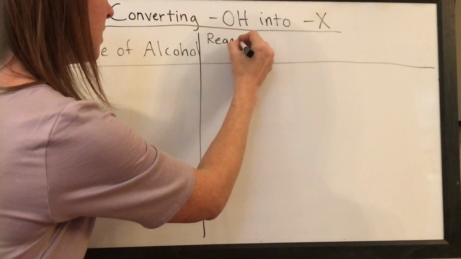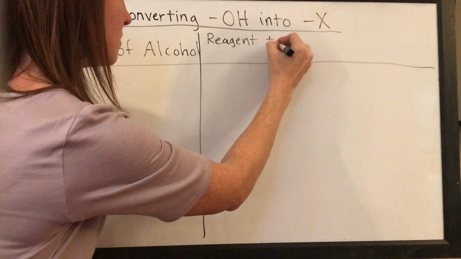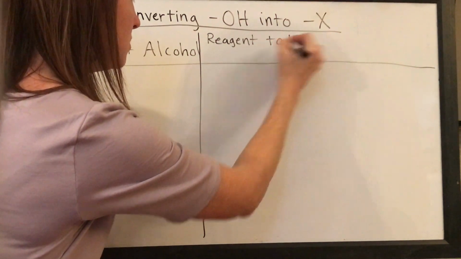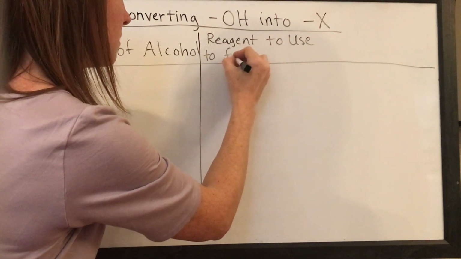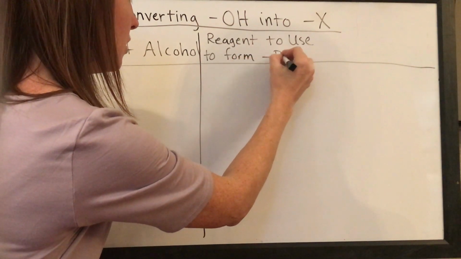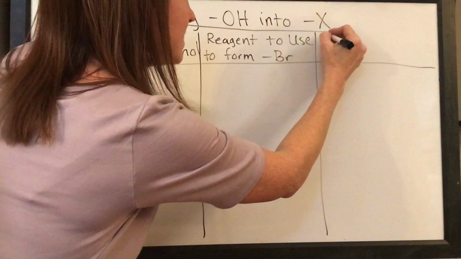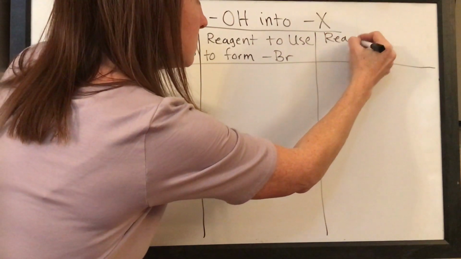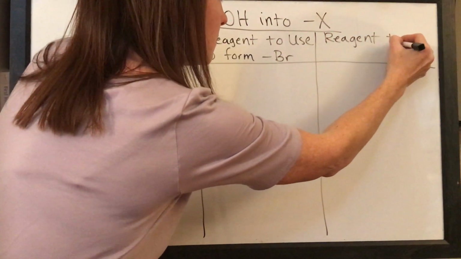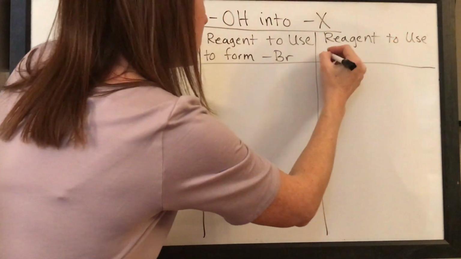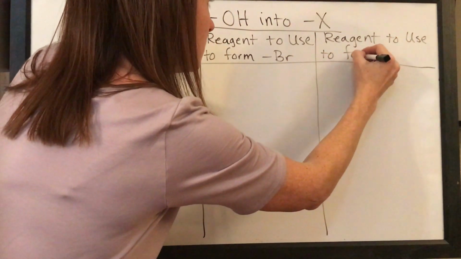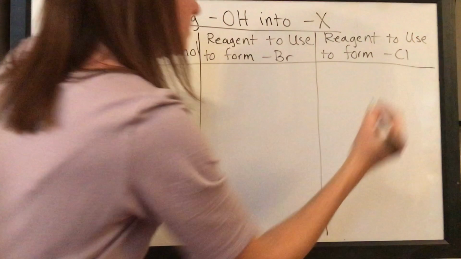And then I'm going to list here the reagent to use to form a bromine. And then we'll make a column for the best reagent to use to form a chloride.